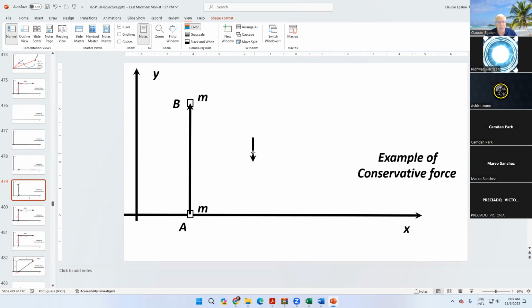This conservative force is the mg force. Let's say, I'm going to put it midway here.